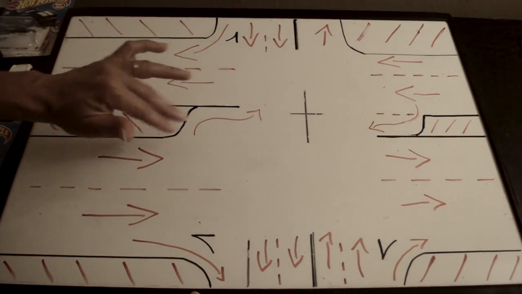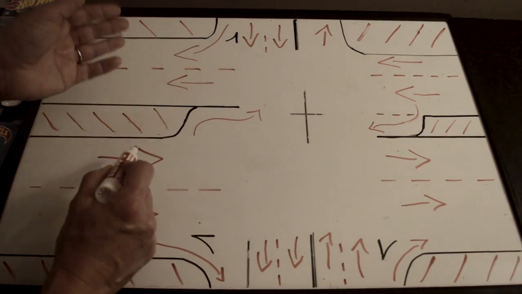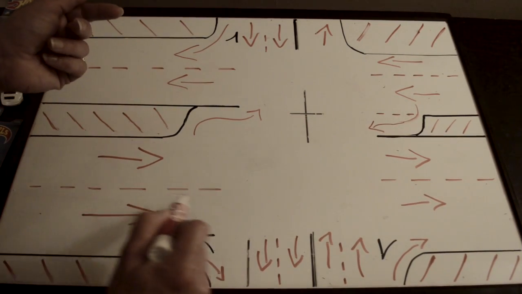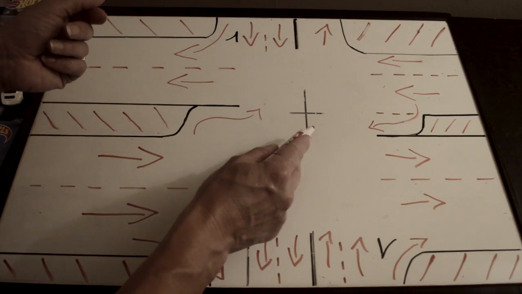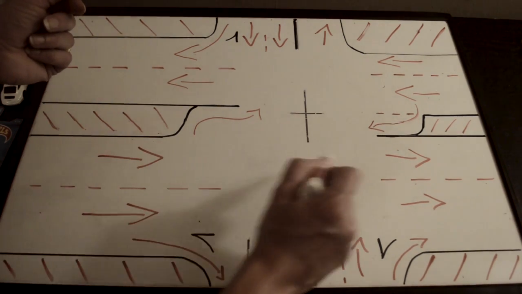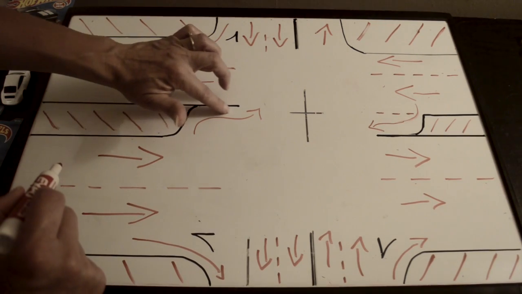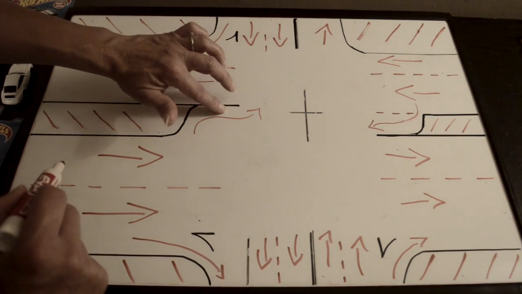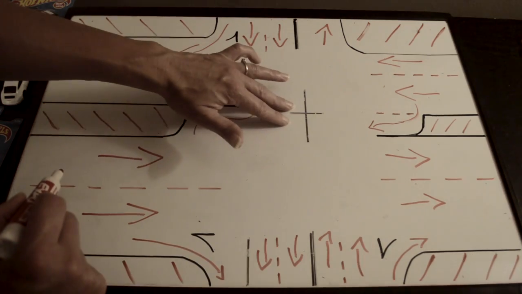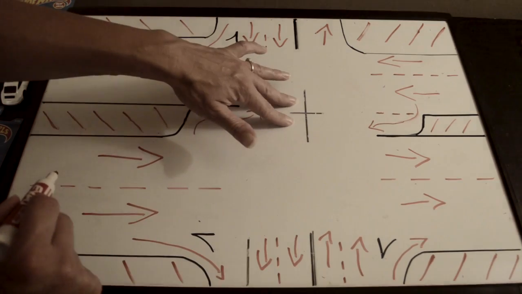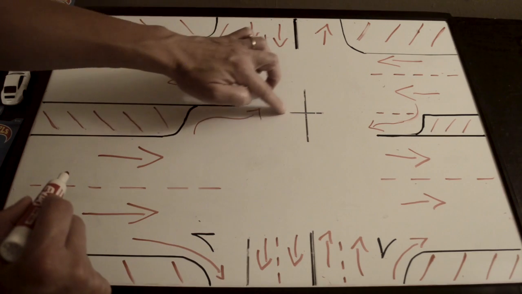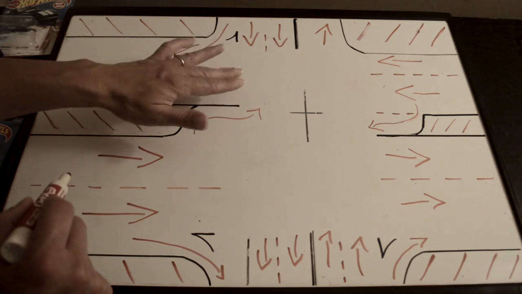So, for instance, if you were traveling in this direction, you'd have to wait for the green light to go straight. But any traffic that is making a left-hand turn has their own left-hand turn signal or a green arrow facing this way.